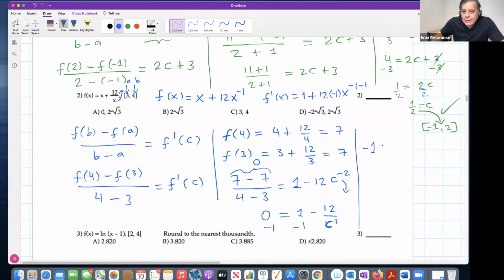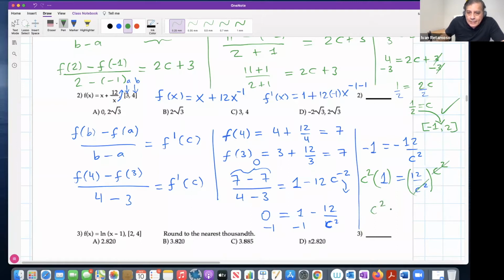It's a lot of algebra there, guys. Do it any way you're used to solving these equations. Divided by negative 1, 1 equals 12 over c squared. Multiplying both sides of this equation by c squared to eliminate this denominator. Look what happens. C squared times 1, c squared equals 12.